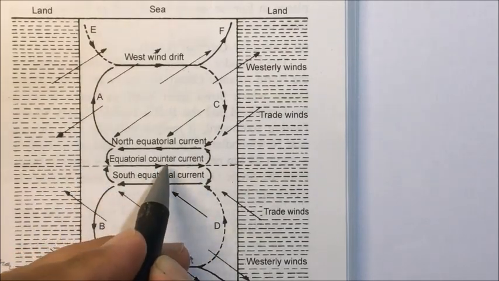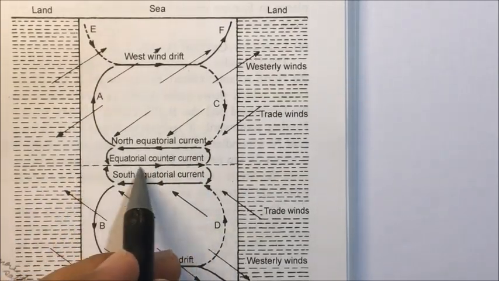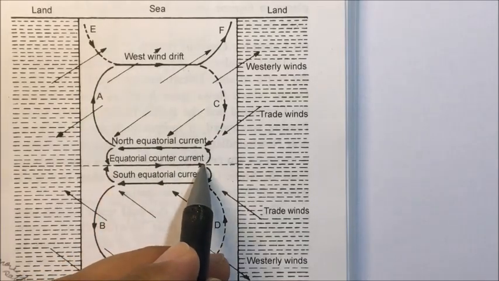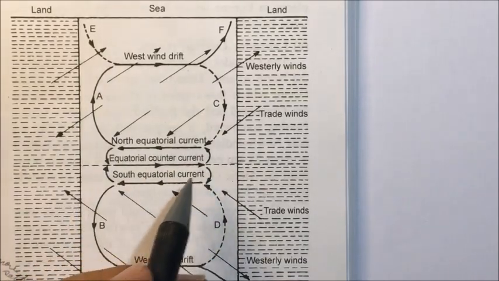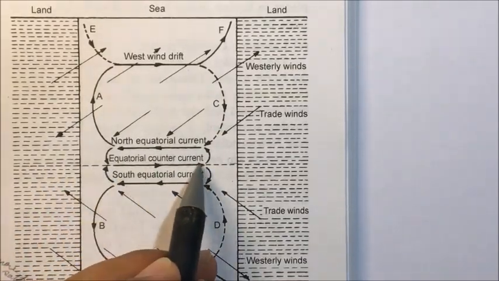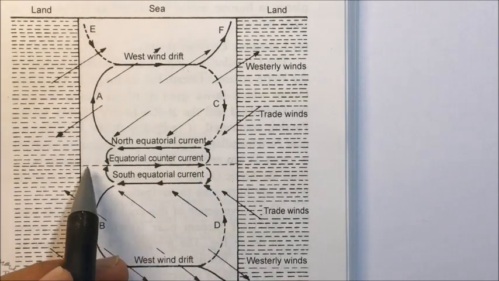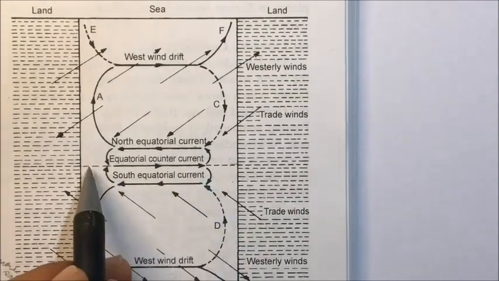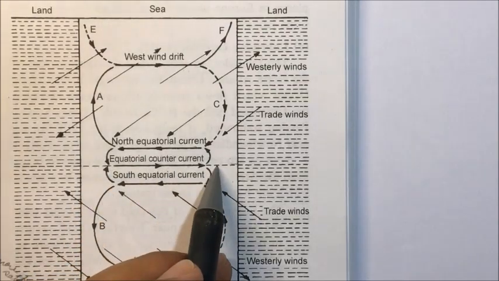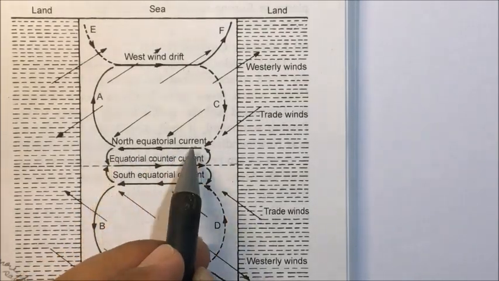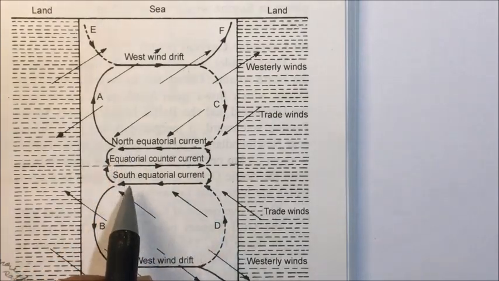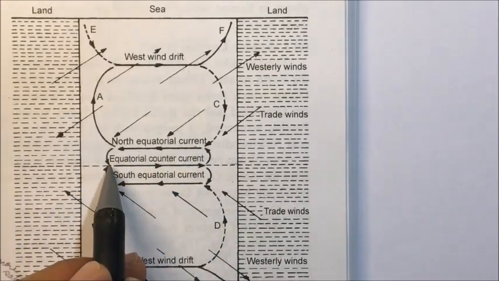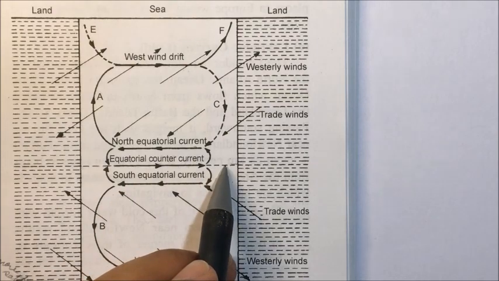It traces back, and this water moves back as an equatorial counter current. Here, trade winds are very weak, so there is no resistance to the flow. So the equatorial counter current flows back, that is, it flows eastward. The north equatorial current and south equatorial current flow westward, but the equatorial counter current flows eastward.